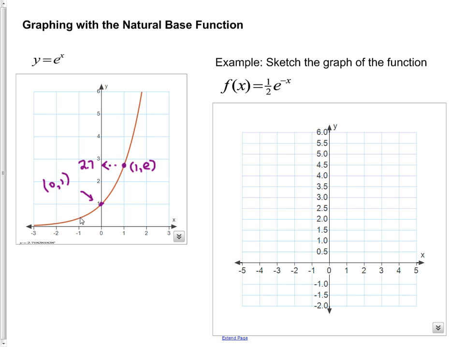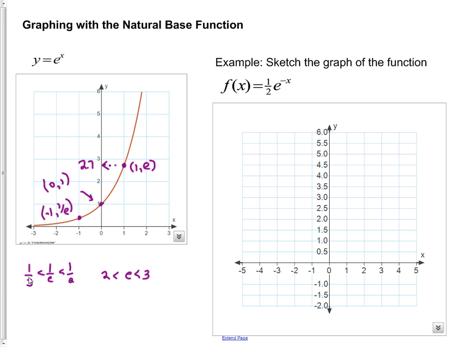Likewise, if we were to put in negative 1, we would get 1 over e. Since e is between 2 and 3, closer to 3 than to 2, 1 over e will be between 1/3 and 1/2, because those inverses change the position of our bases.